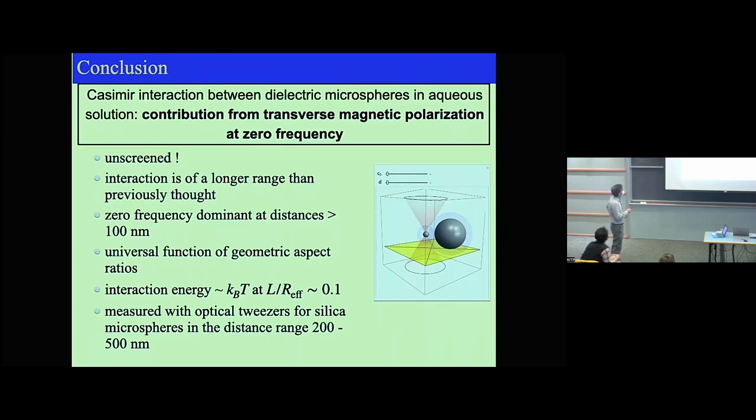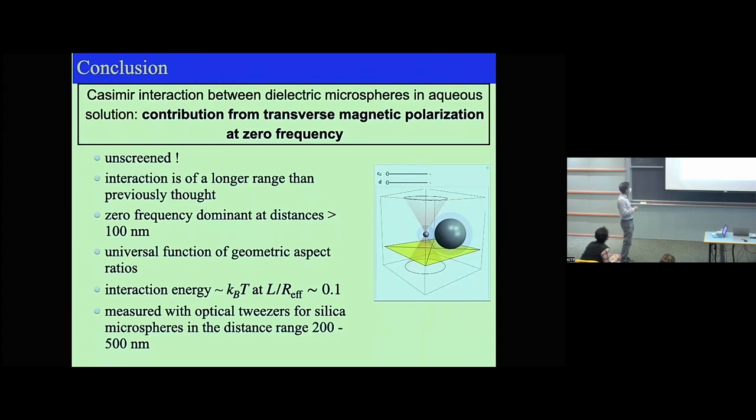This makes the interaction in a water solution of a much longer range than previously thought. And this, of course, should have implications in different fields. And this zero frequency is already completely dominant at a distance larger than 100 nanometers.